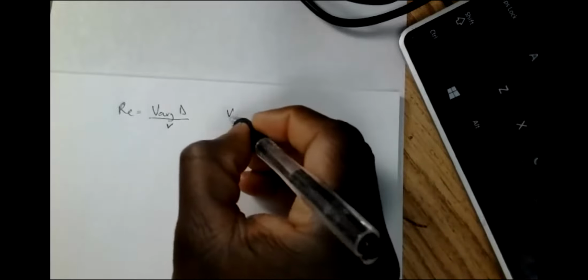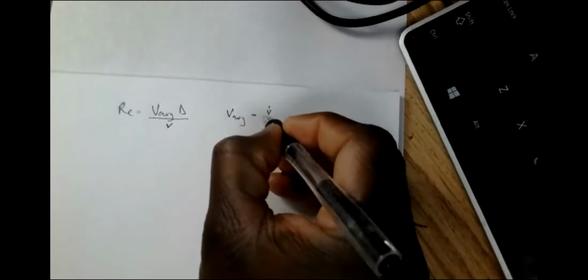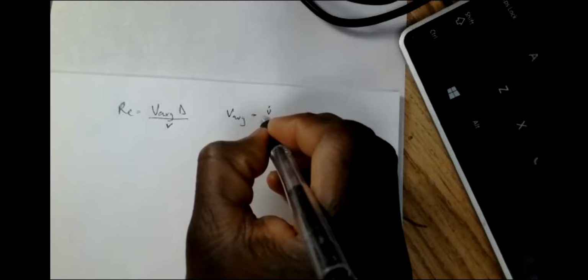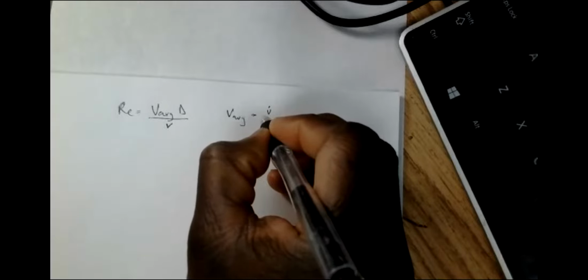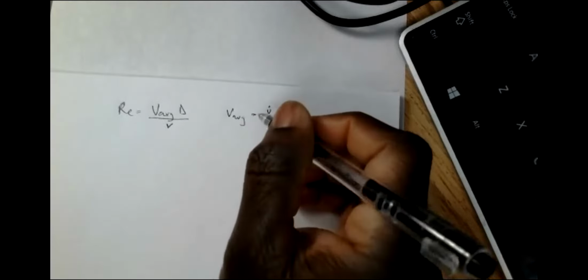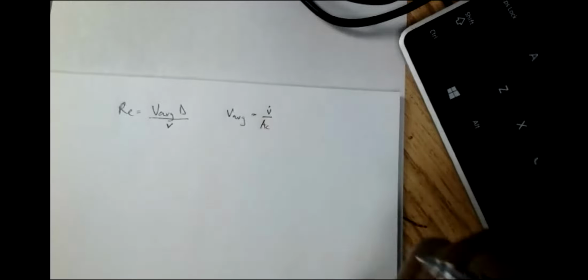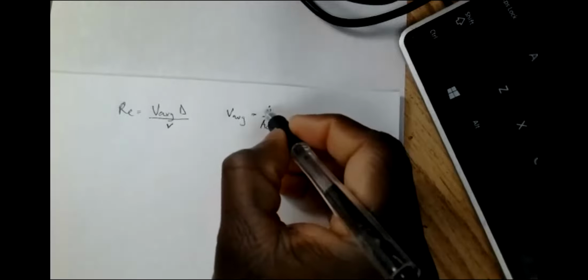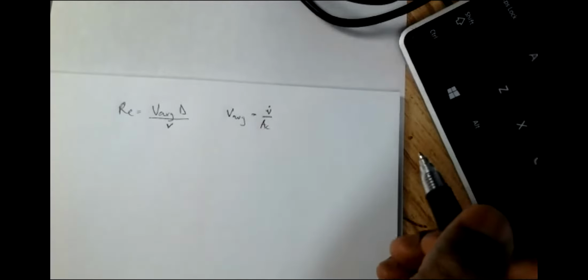From your textbook, you see that the average velocity is the volumetric rate divided by the area of contact. This is a formula from your textbook. I'm just pulling it out from there.